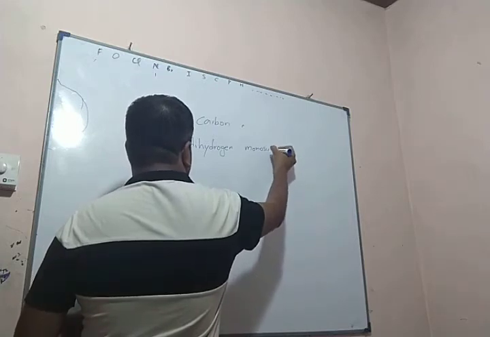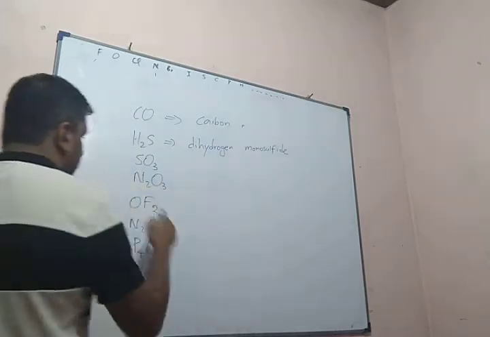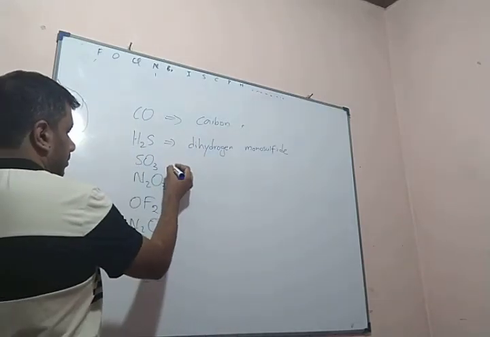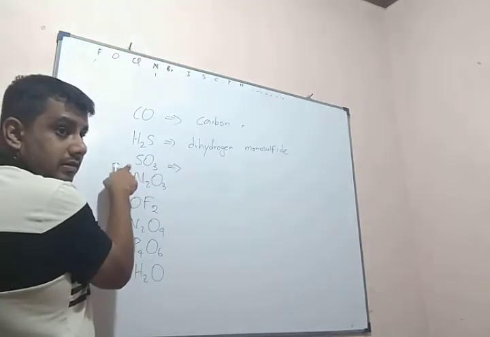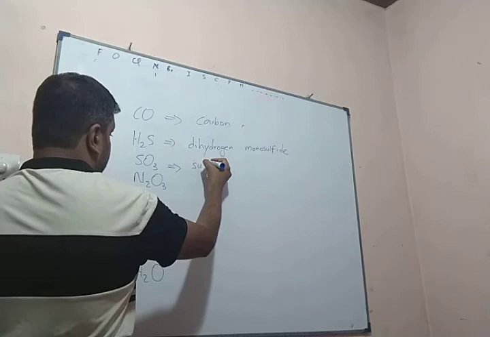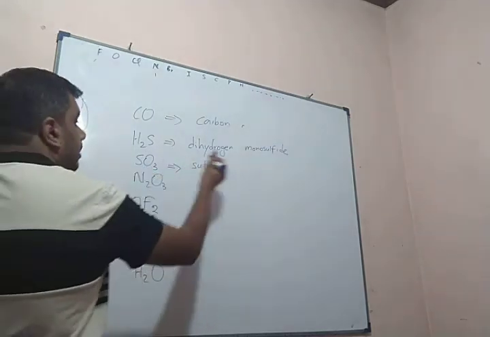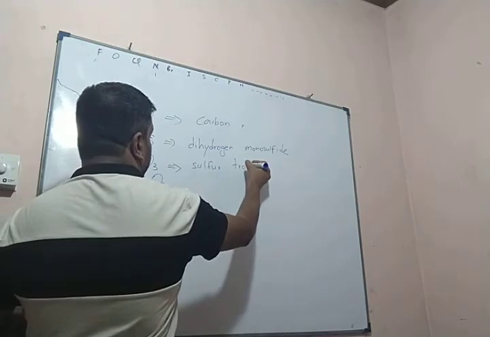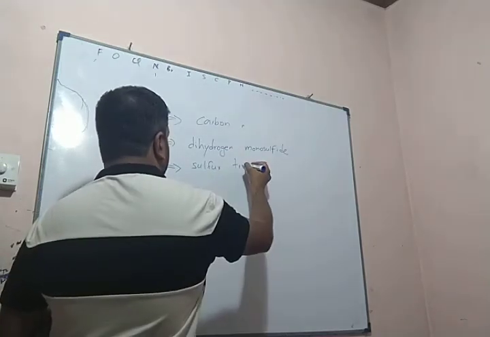Monosulfide. What is this name? Sulfur or monosulfur? Sulfur, just sulfur, because it is first, the electropositive element. Sulfur trioxide, right? Sulfur trioxide.